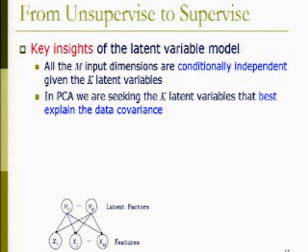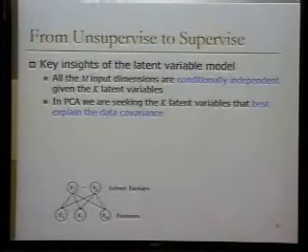Okay, so let's go from the unsupervised case to the supervised case. What are the key insights of this latent variable model of PCA? The key insight is that all the m dimensions of the input features are conditionally independent if we already know the latent factors. This is the assumption underlying the latent variable model.